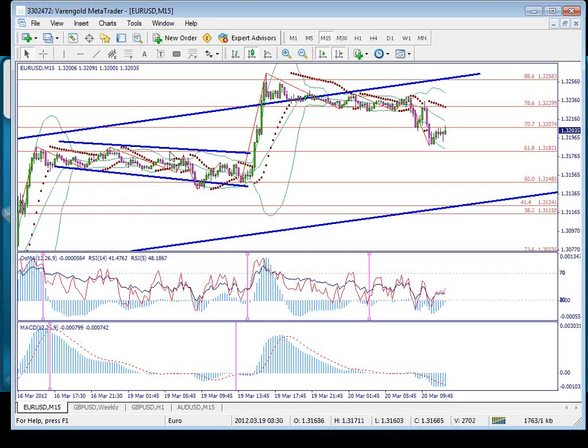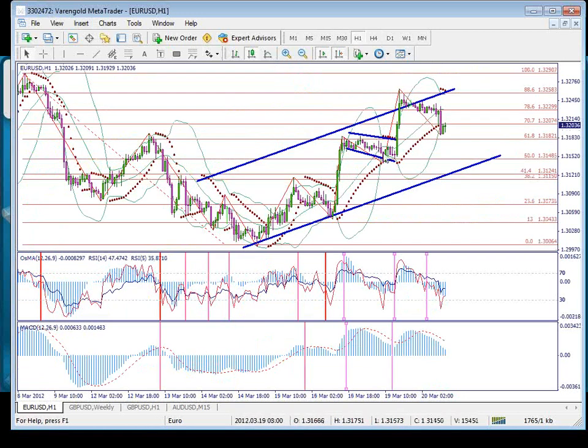But what we know is that those ranging markets mean a period of consolidation, and the market will continue the trend. I'm not using pending orders.